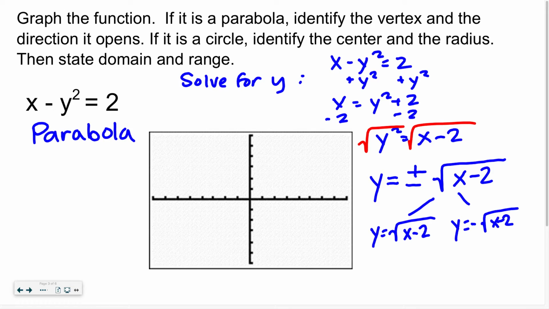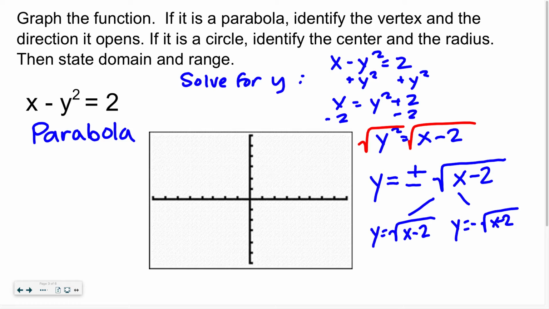But do you see how that's going to give us a full sideways parabola? Because the negative one is just the reflection of the positive one. So we get the other arm of the parabola. Now when I normally ask you just to graph square roots, you'll have just the one little hill, right? But if you're graphing something that was y squared, when you solve, you'll have the plus or minus, so it'll be a full parabola.